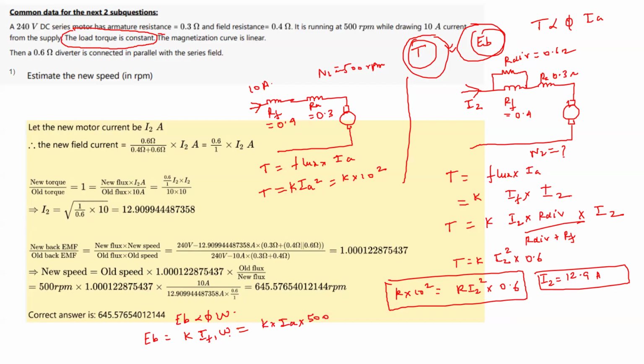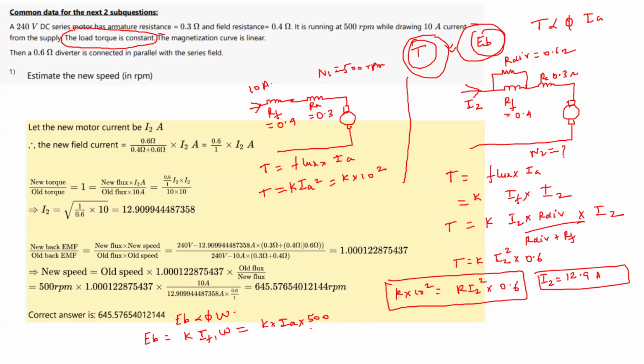Omega you can write as 2 pi N by 60, but because it is all proportional and we will divide the two back EMFs, this constant will get cancelled. So don't worry, even if you take it in RPM or radian per second, it's okay. You don't need to convert it to radian per second.